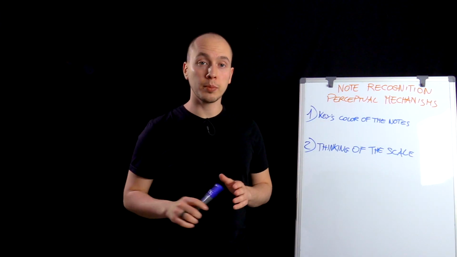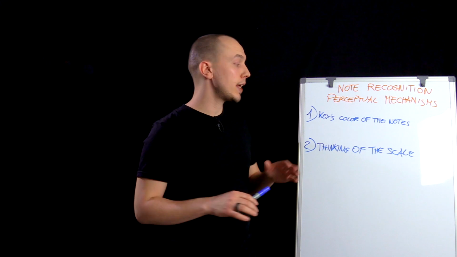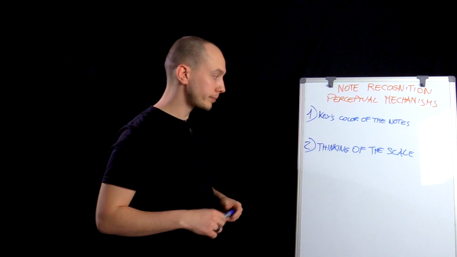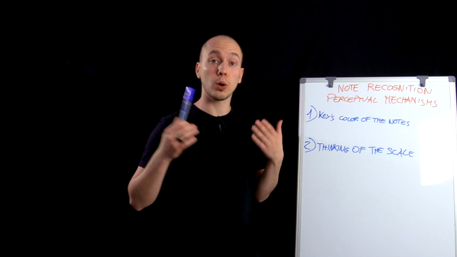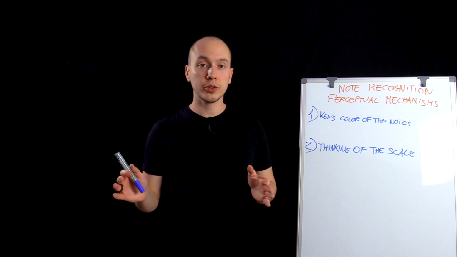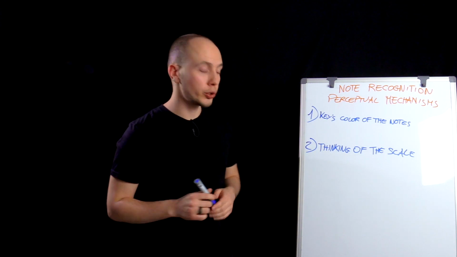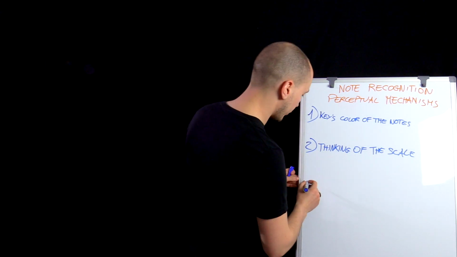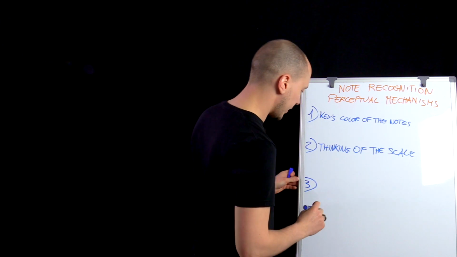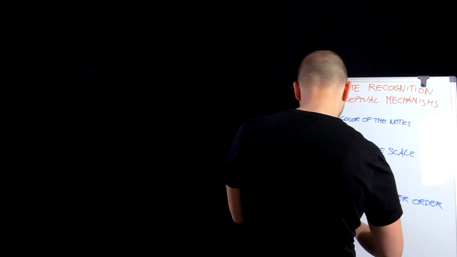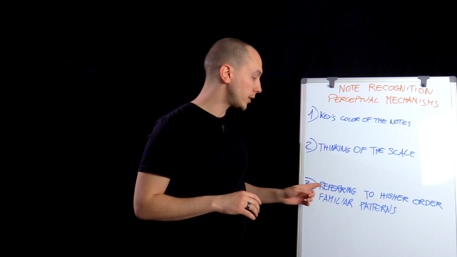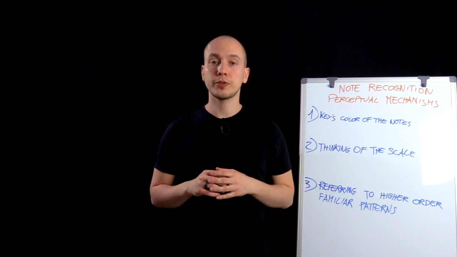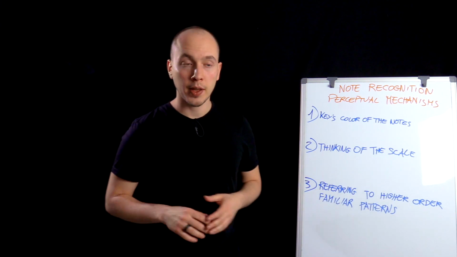The third mechanism of note recognition skills is the fastest way, but it requires more training. The third mechanism is what I call referring to higher order familiar patterns, and I'm going to explain that. So, what does referring to higher order familiar patterns mean?